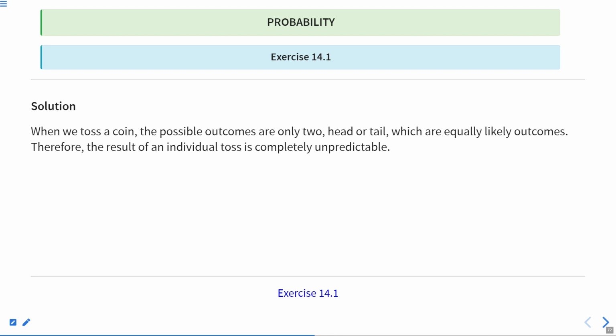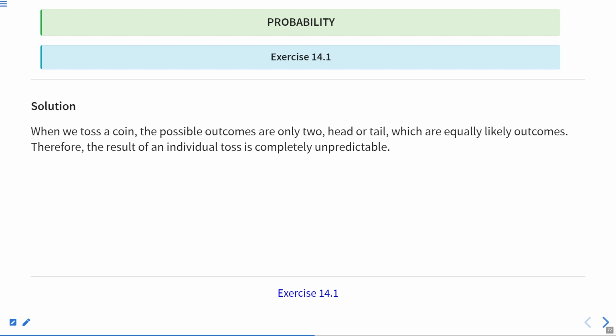When we toss a coin, the possible outcomes are only two, head or tail, which are equally likely outcomes. Therefore, the result of an individual toss is completely unpredictable.